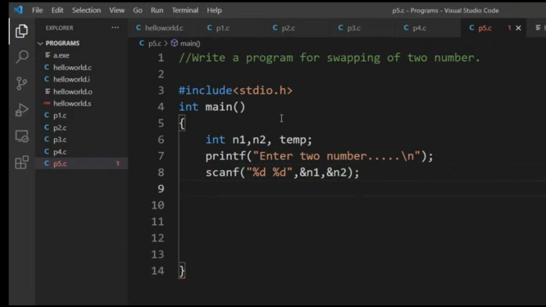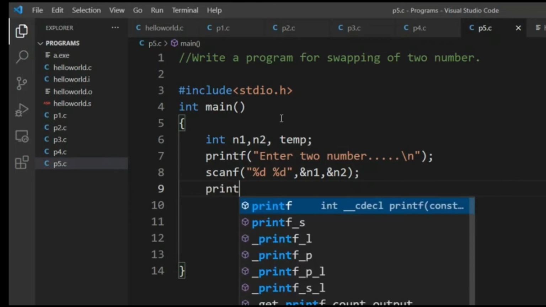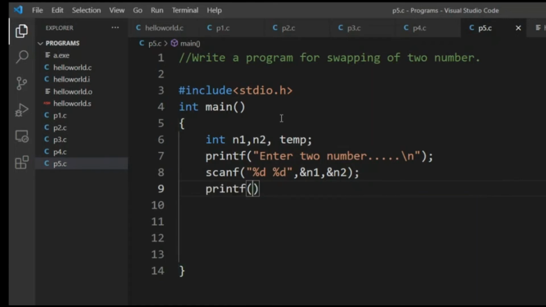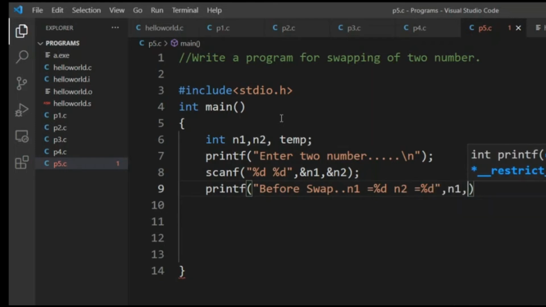Whenever you write a program, please use scanf, so your program will be generic. So I will write here printf before swap. Number one is equal to %d, number two is equal to %d, comma number one, number two.